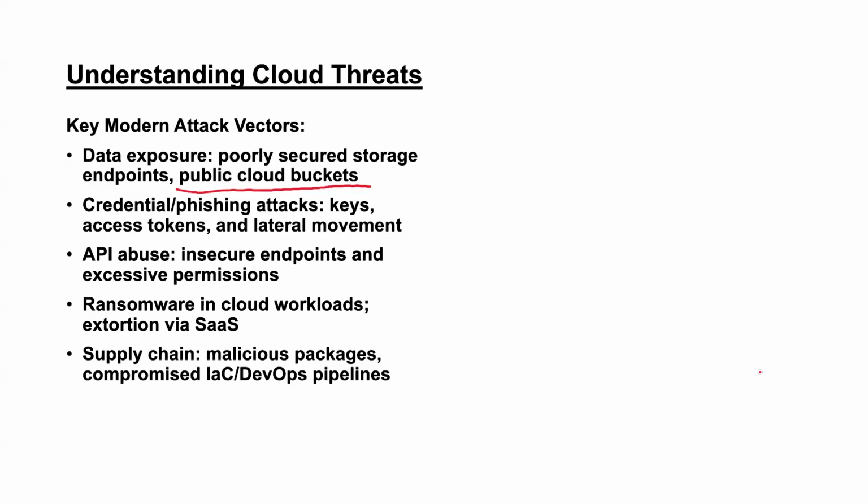Phishing attacks come with email security. There's a separate role in the industry called email security also. We have credentials, access tokens, key management, and the movements, like how it actually moves.